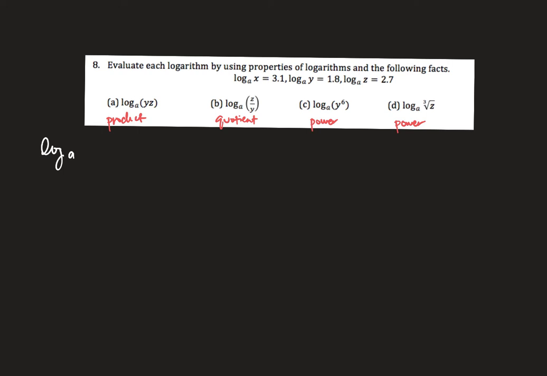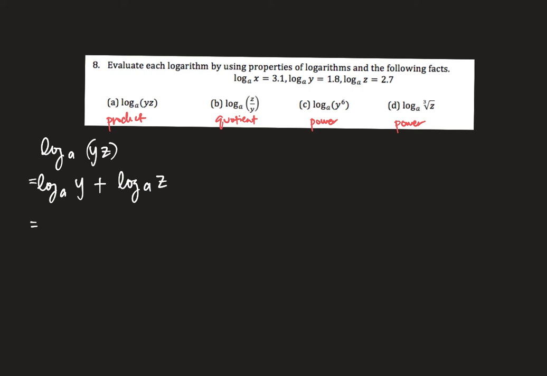So we have log base A of y times z. Because of the product property, I know it's just going to be a sum of logarithms of y and z, both base A. So log base A of y plus log base A of z.